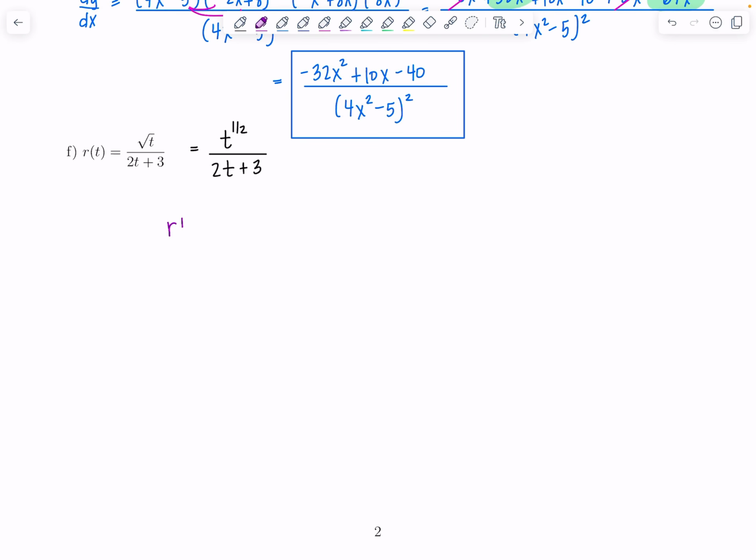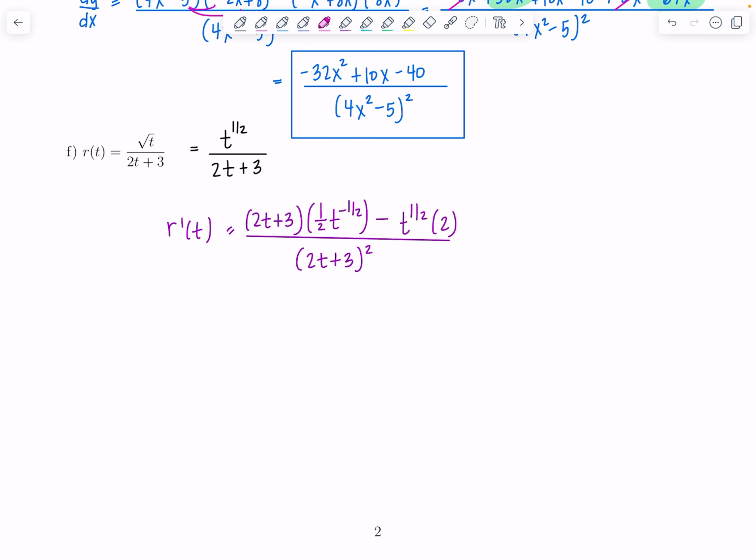R prime of t equals low, so denominator, don't touch it, just write 2t plus 3. D high is derivative of the numerator, so 1/2 t to the negative 1/2. Minus high, so the numerator, leave it alone. D low, derivative of the denominator is 2 over low, 2t plus 3 squared.